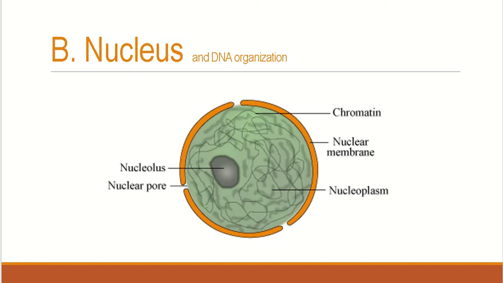You have the bounds of the nucleus, the nuclear membrane, and distributed throughout it are nuclear pores. Inside the nucleus are prominent structures that are essential in information processing, as the nucleus houses the genetic information.